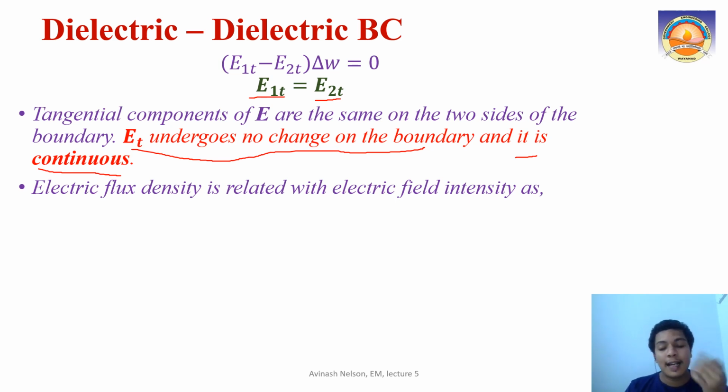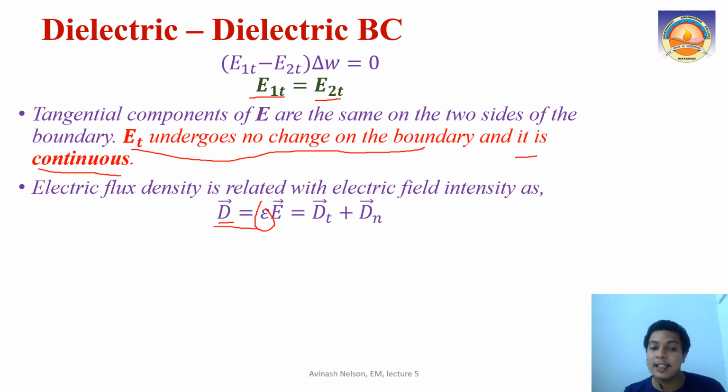Now, as I said earlier, electric field intensity and electric flux density are related. How? D equal to epsilon E. It is just getting multiplied by the permittivity, right? So the same electric flux density can also be decomposed into Dt plus Dn. We already got that E1t equals E2t.